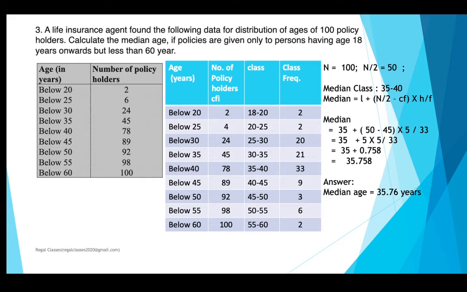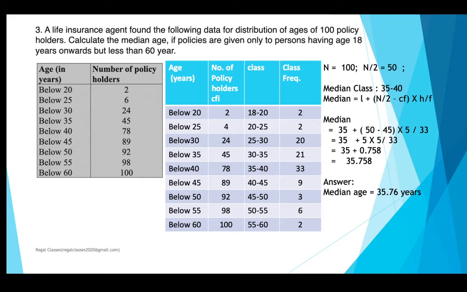So we prepare the class below 20, so 18 to 20, the frequency is 2. Number of policyholders, it says 2. Below 25, 4 policyholders. It also covers 18, 20, 21, 22, all of that. So in order to calculate the frequency, we have to subtract, 4 minus 2, so it becomes 2.